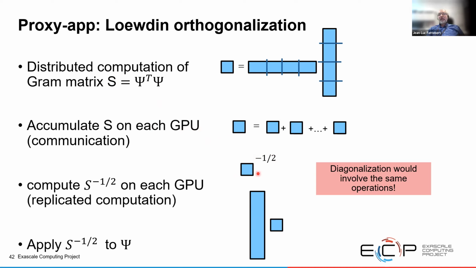And the bottleneck, as I'll show you in the next slide, is this calculation, which is basically the same as solving an eigenvalue problem as in the whole program. So this is a good proxy app that relies on the same set of operations.